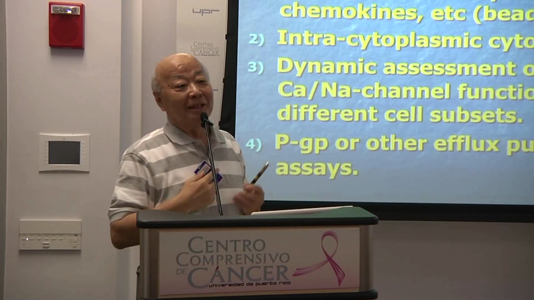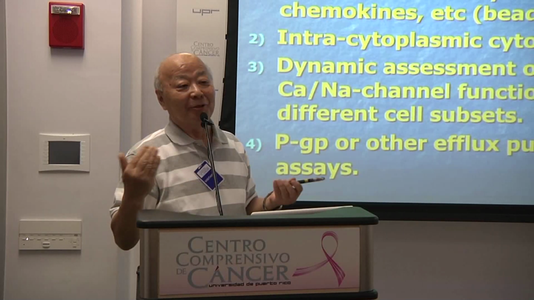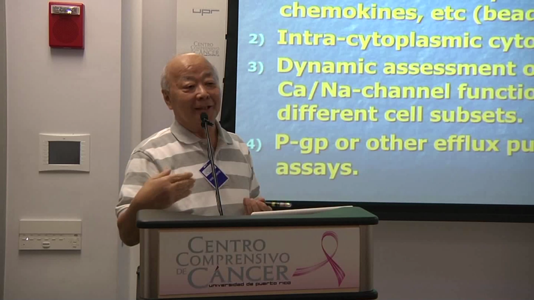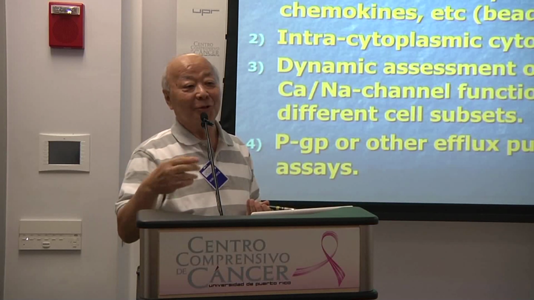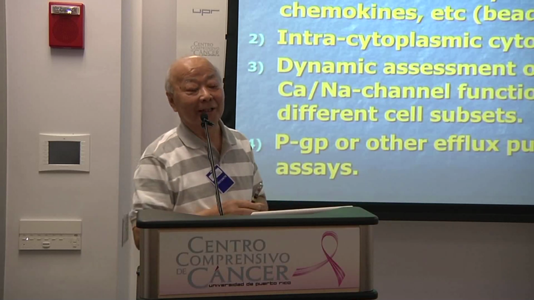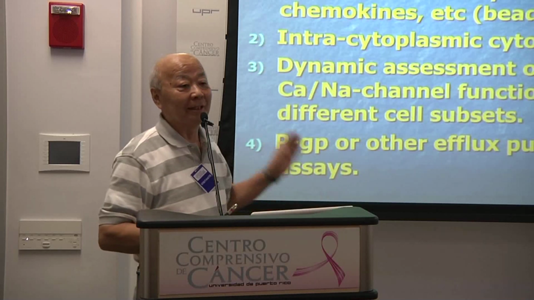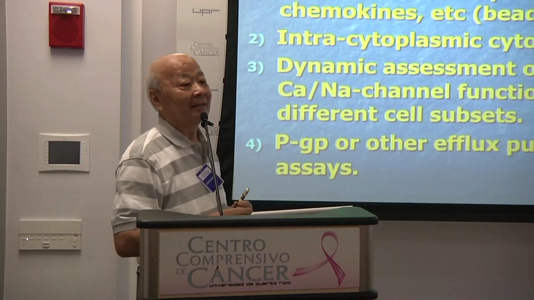We typically use 150 or 200 microliter, elute in 50 microliter, and use only 10. So we can change the assay protocol to increase the sensitivity.